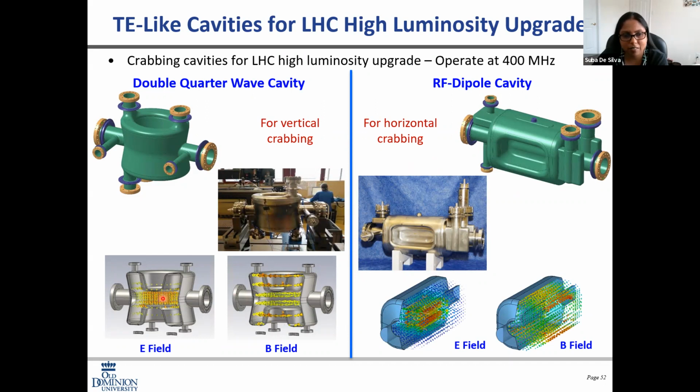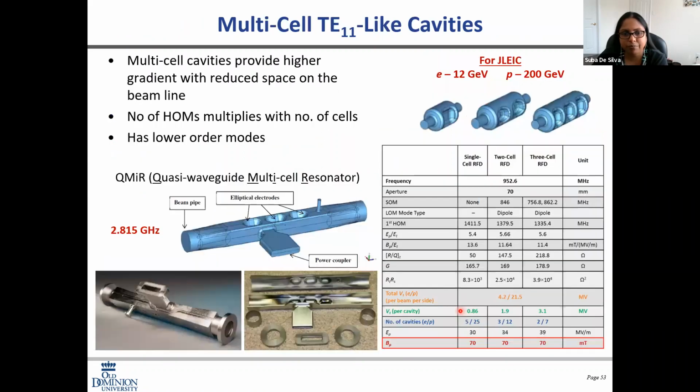This cavity is used for vertical crabbing. This is the double quarter wave, where you have the strong electric field between the two gaps. And this is the crab cavity used for horizontal crabbing. This is the transverse electric field you can see here.